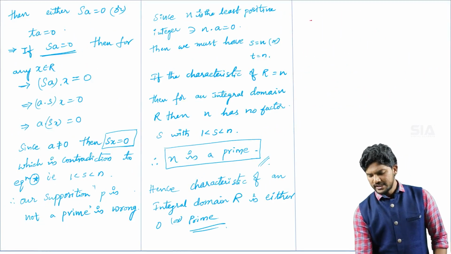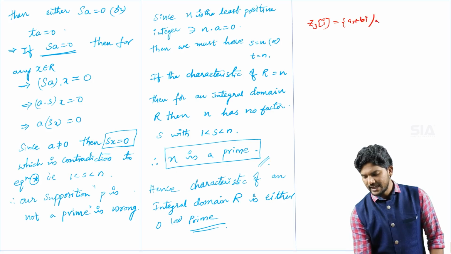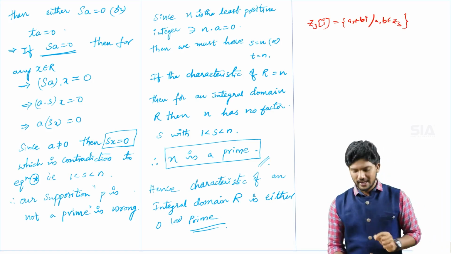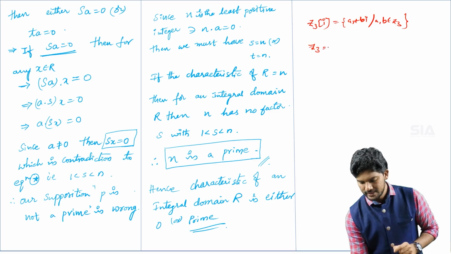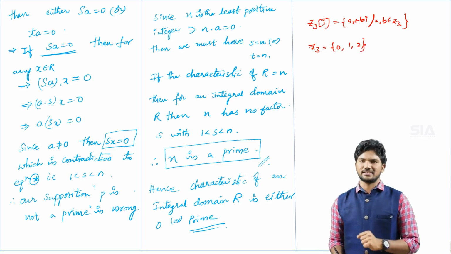In Z suffix 3 of i, we have the original definition a plus bi such that a, b belong to Z suffix 3. So you have to take only the Z suffix 3 elements, that is 0, 1, 2. These are the 3 elements in Z suffix 3.